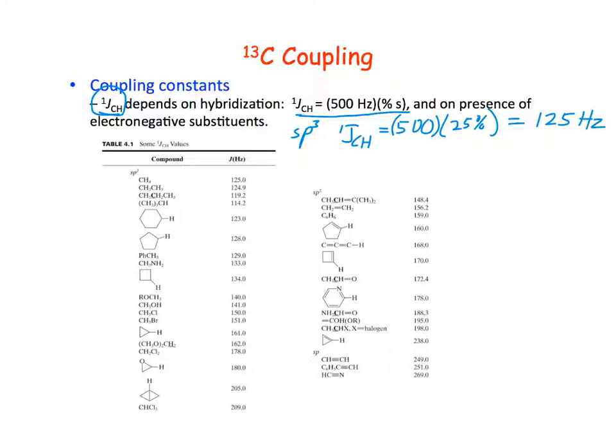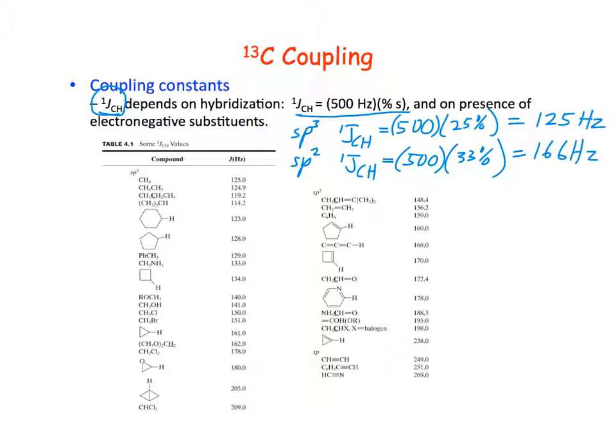Okay, if we were doing an sp2, it would be 500 times 33%. So it comes out to about 166 hertz.